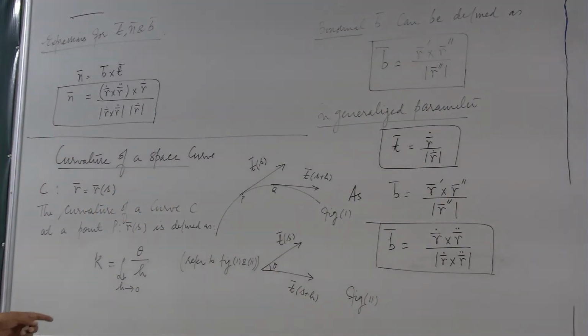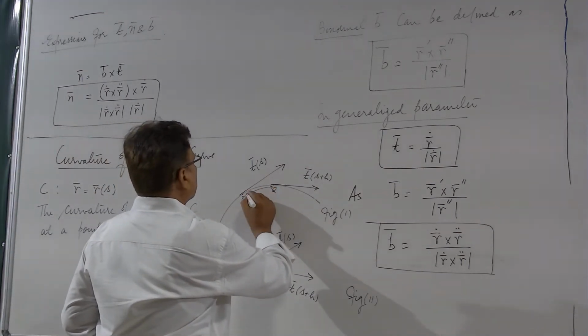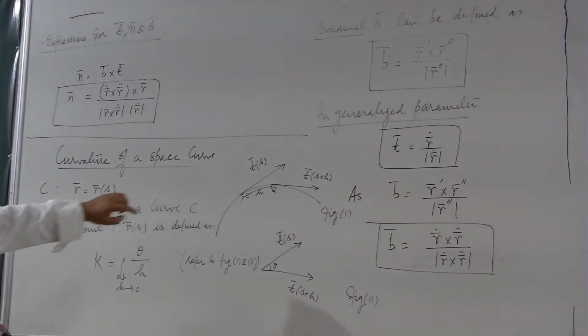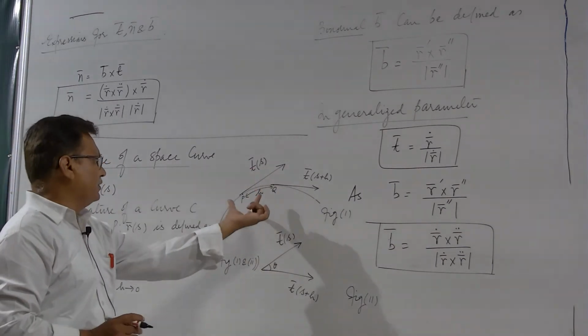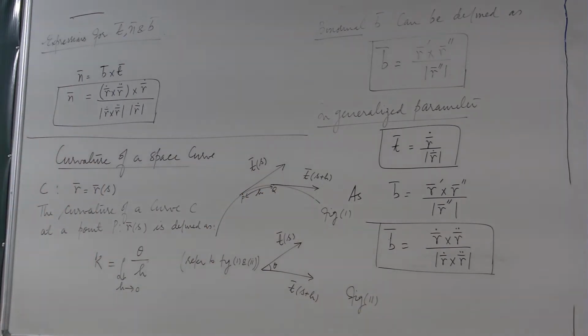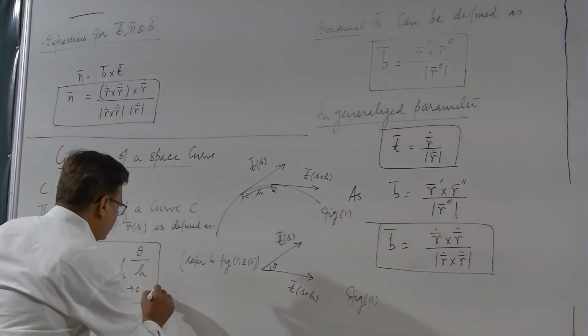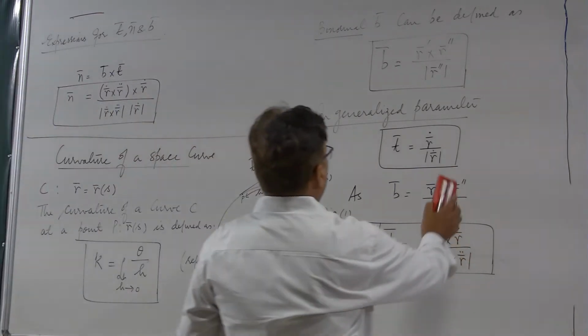Theta is the angle between the two neighboring tangents T(s) and T(s plus h). h is the arc distance from P to Q. Over here the parametric value is s, and over here the parametric value is s plus h. So this arc length must be h. This becomes my first definition, which I have written down intuitively. Let me work it out a little more and make it more precise.